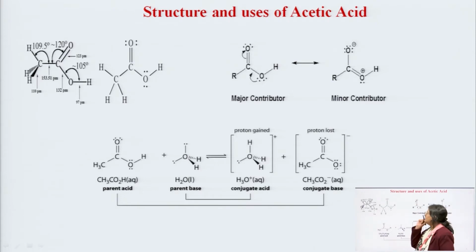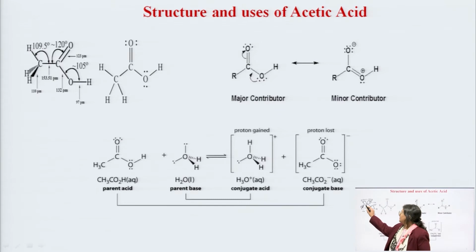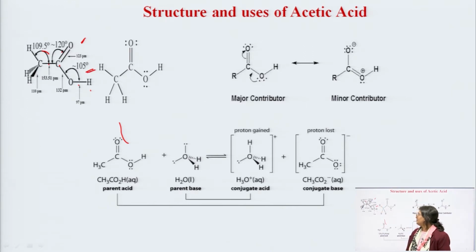Understanding the structure further, the carbon-hydrogen bond angle is 109.5 degrees, whereas the carbon and the carbonyl oxygen has a bond angle of 120 degrees. The carbon and the hydroxyl oxygen has a bond angle of 105 degrees.